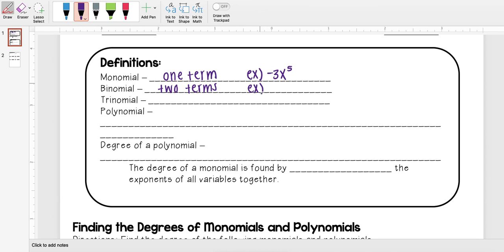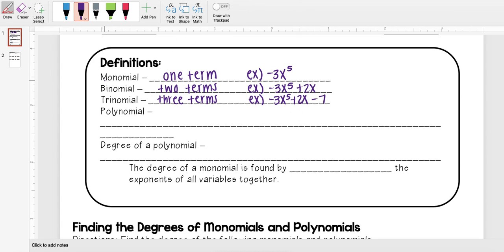So for example, just adding on to this, I can have negative 3x to the fifth plus 2x. That is two terms. And then a trinomial is three terms. So for example, I can have negative 3x to the fifth plus 2x minus 7. So it's three terms there.